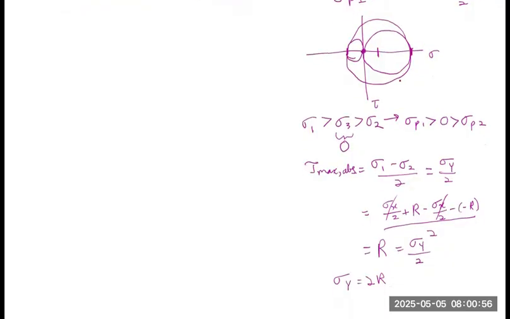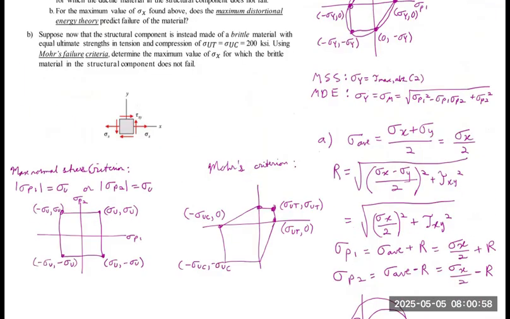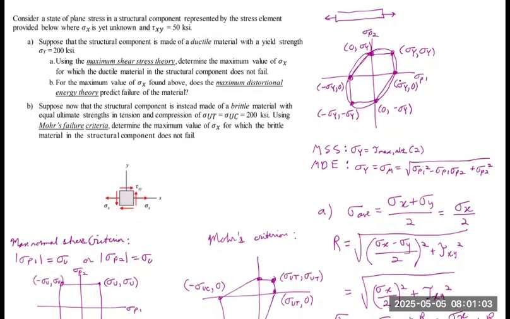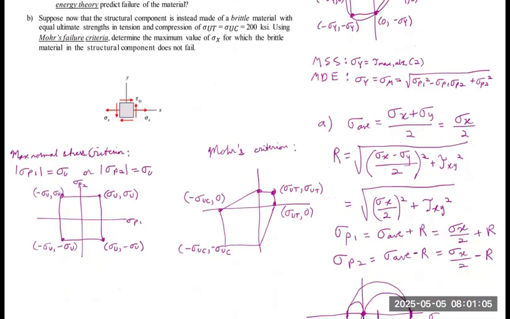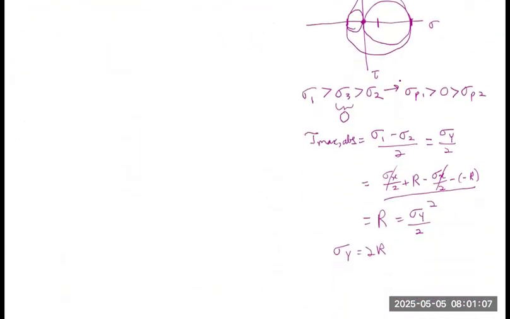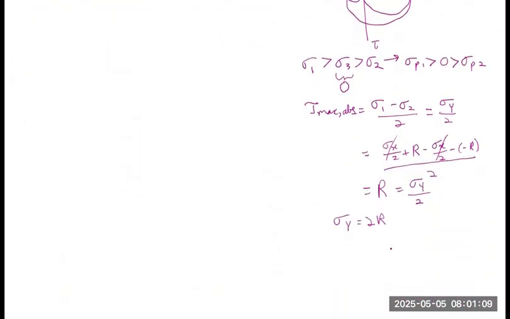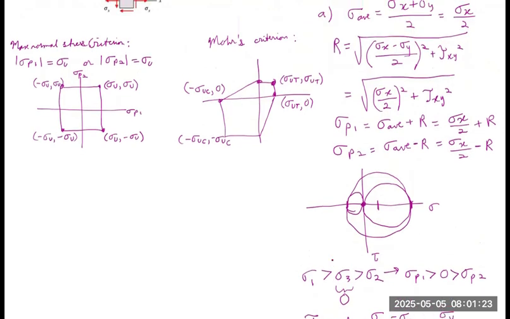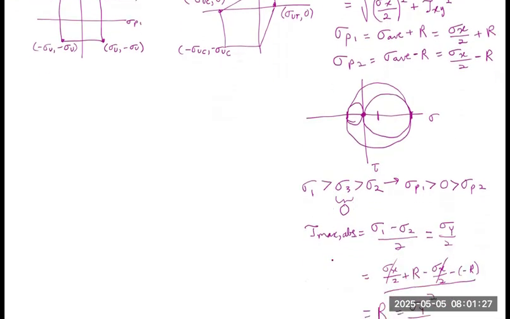However, we are not done yet since we were asked to find the maximum value of sigma x for which it does not fail. So that would not be equal to our yield strength. We will have to plug in our value for R, which over here is sigma y equals 2 times, what was our value for R? It was the square root of sigma x over 2 altogether squared plus tau xy squared.